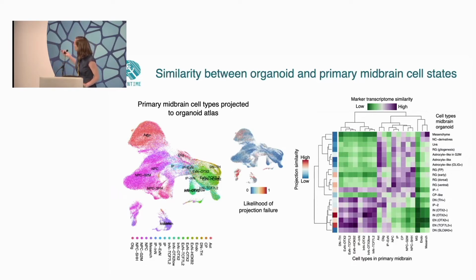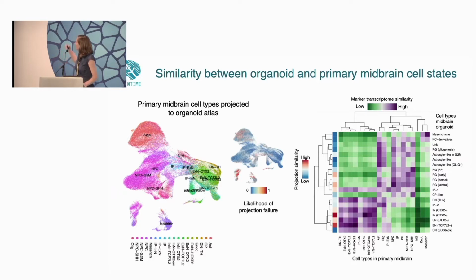And so this is what you can see here now, the projected cell annotation from primary to the organoid atlas. I mean, this might not tell you much, but what you can see in this heat map is that we have the primary annotated midbrain cell types and the organoid annotated midbrain cell types. And we see great correspondence in all the neurons and the neuroprogenitors. And here this shows how good the projection actually is.